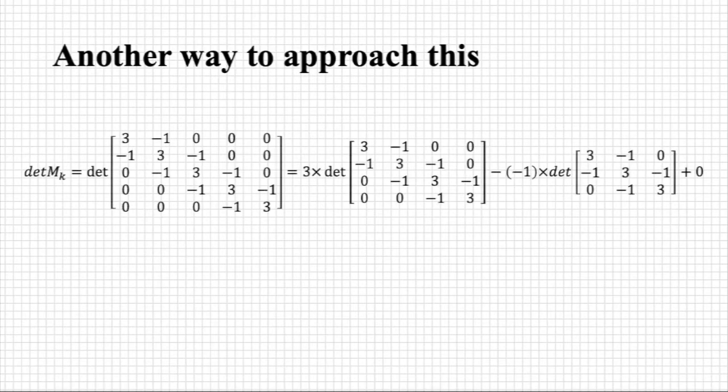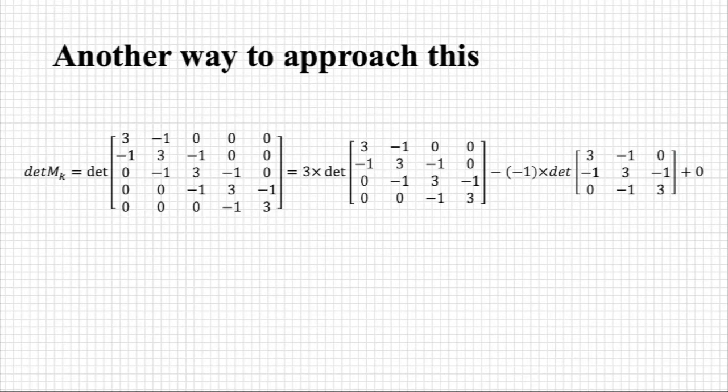Let's just say that there's a graph of MK, and let's assume that this k is equal to 5. So we're going to compute the determinant of M5. It is essentially the result of 3 times the determinant of M4 minus 1 times the determinant of M3 plus 0. Now, why is it 3 and why is it minus 1?